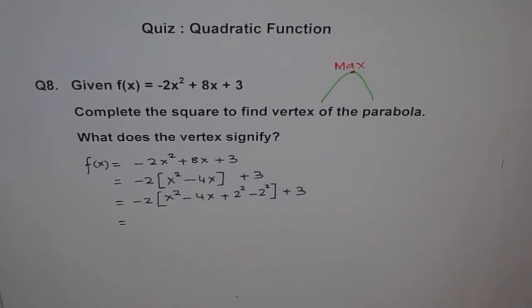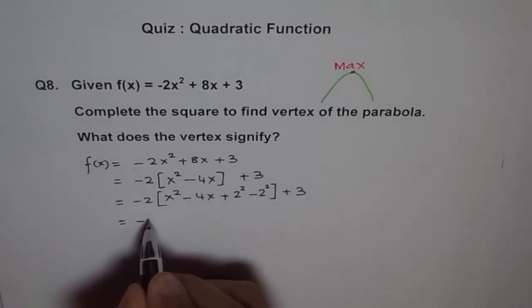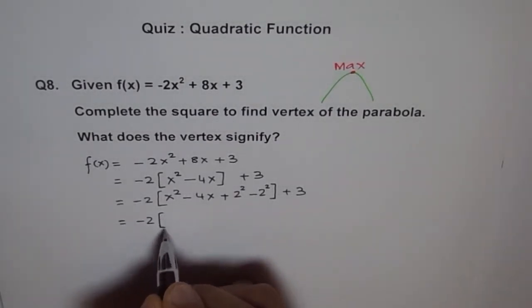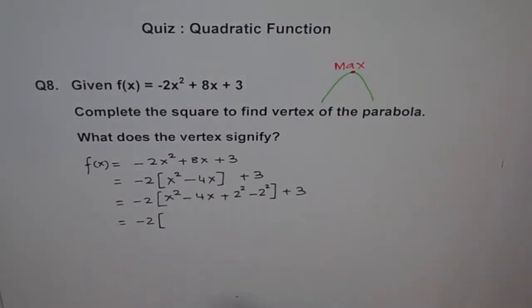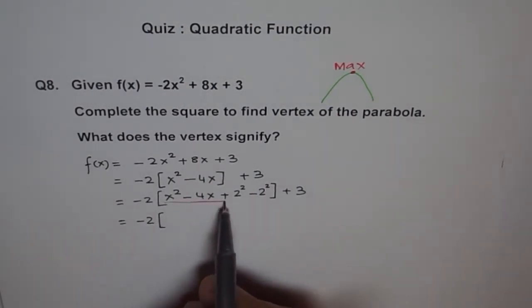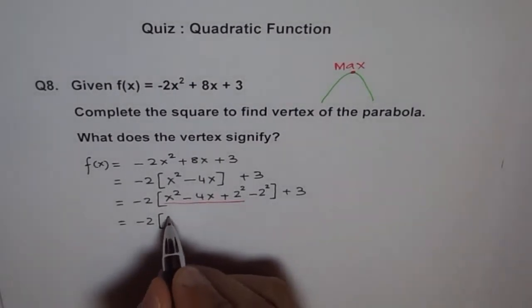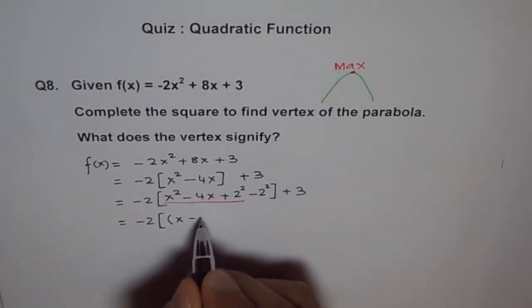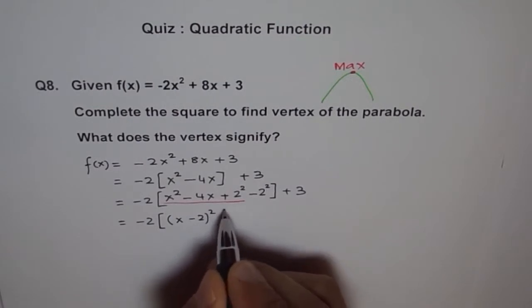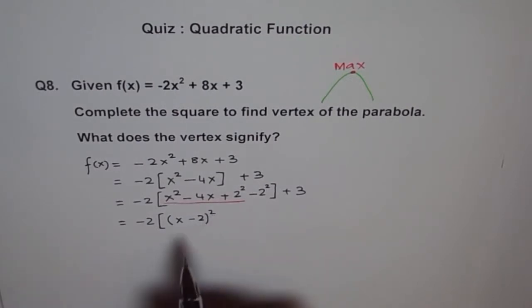This method is very important to convert your standard form into vertex form, right? Now, how did we complete the square? If you analyze the three terms, this trinomial can be written as x minus 2 whole squared. Why?